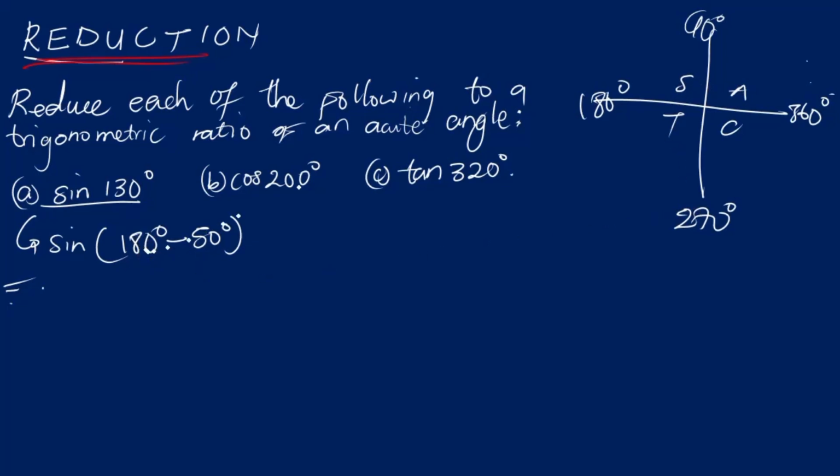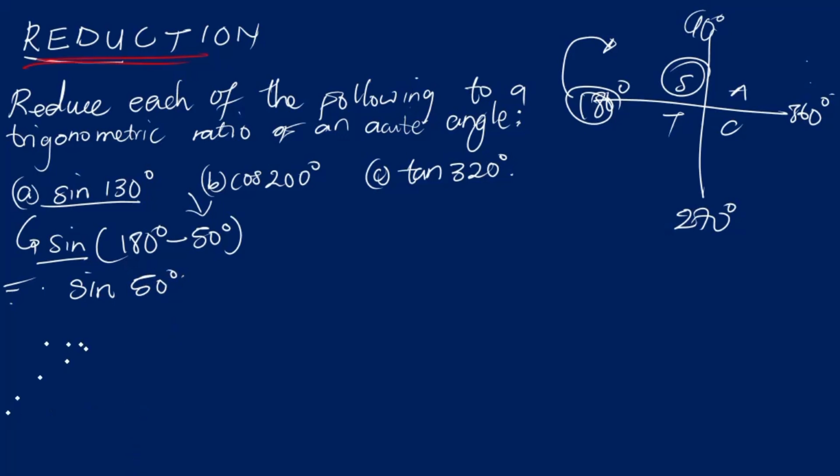So 180 degrees, here is 180. If we remove 50, we are going to land somewhere in here, right? Which function is positive in here? It's the sine, and we are working with the sines, which means we are okay. That gives us a positive sine of this number here, 50 degrees. See how easy that is? Next one.